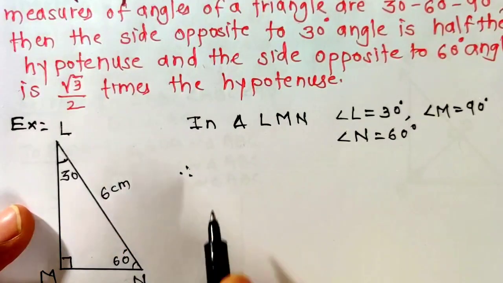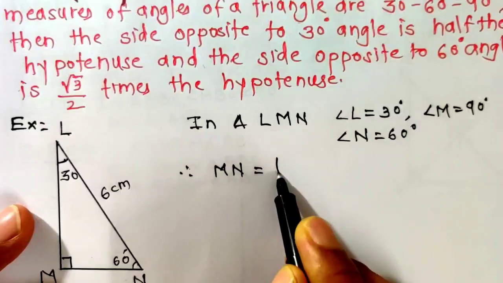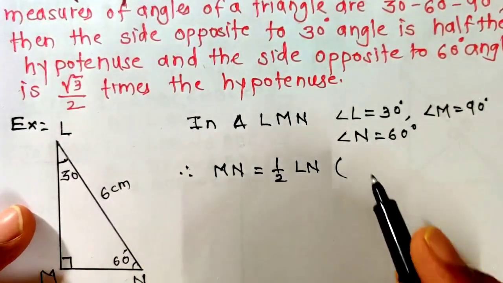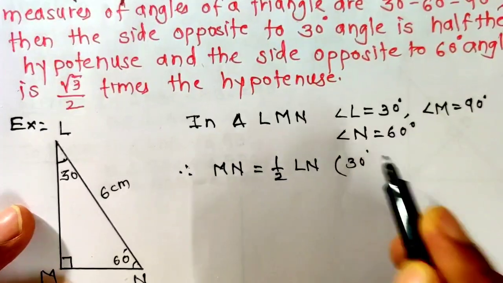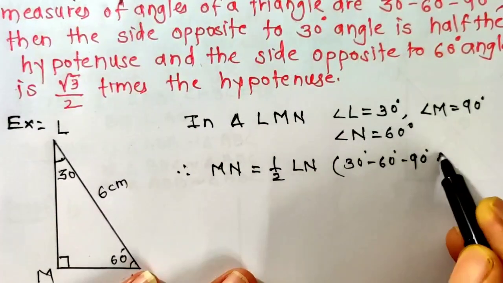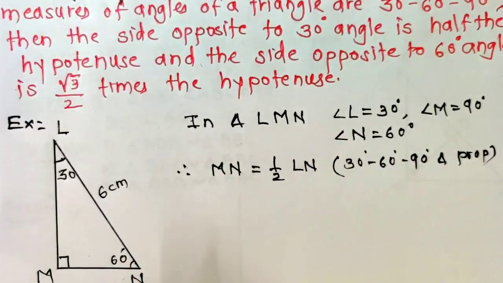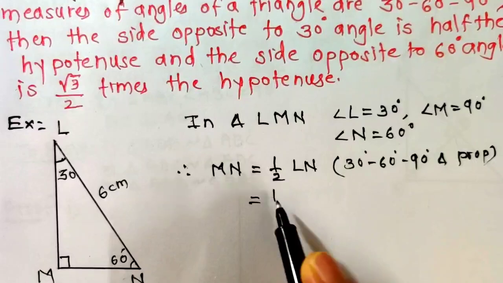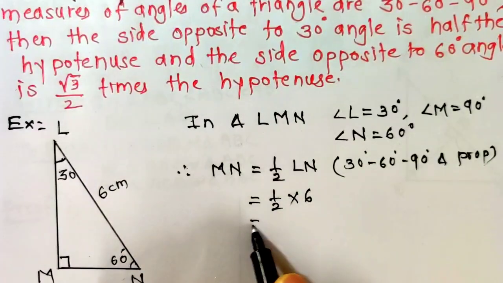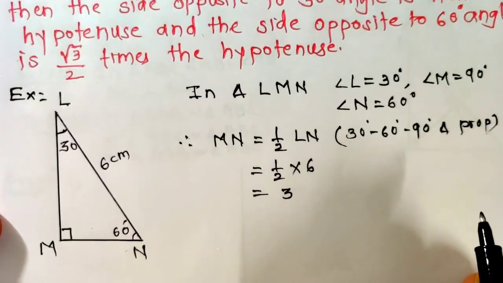Here LN is given 6, so we can find MN is equal to half LN, and here the reason we can write is 30, 60, 90 triangle property. Using the 30, 60, 90 triangle property, we get half multiplied by LN, which is given 6, so we get 3.